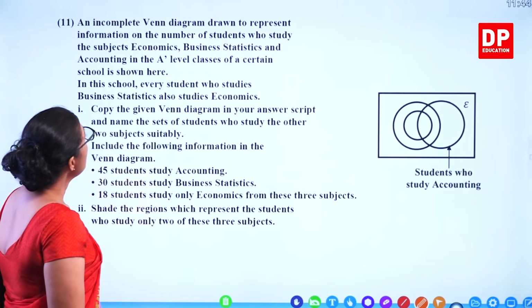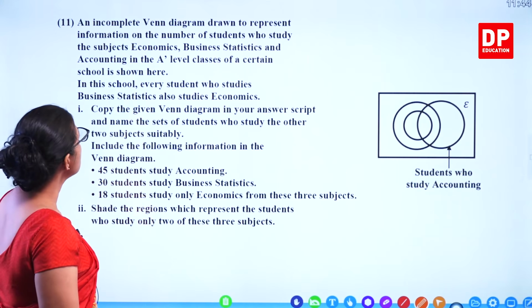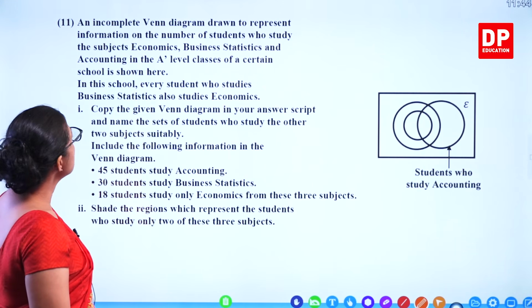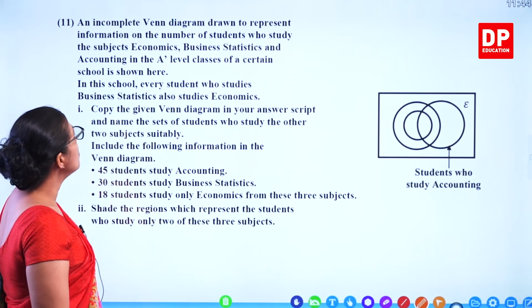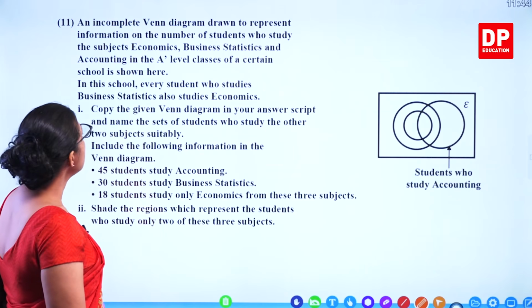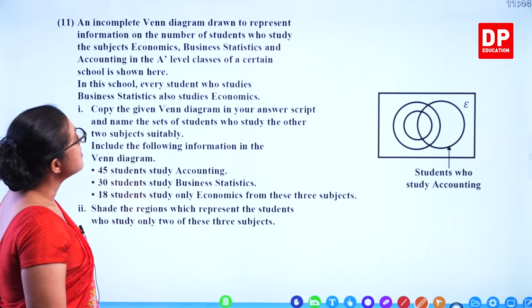An incomplete Venn diagram drawn to represent information on the number of students who study the subjects economics, business statistics and accounting in the A-level classes of a certain school is shown here. In this school, every student who studies business statistics also studies economics.